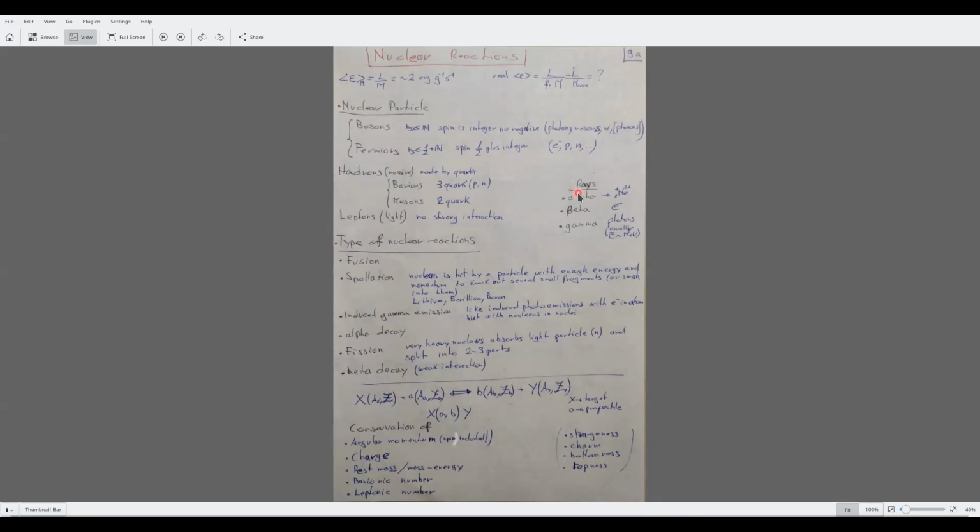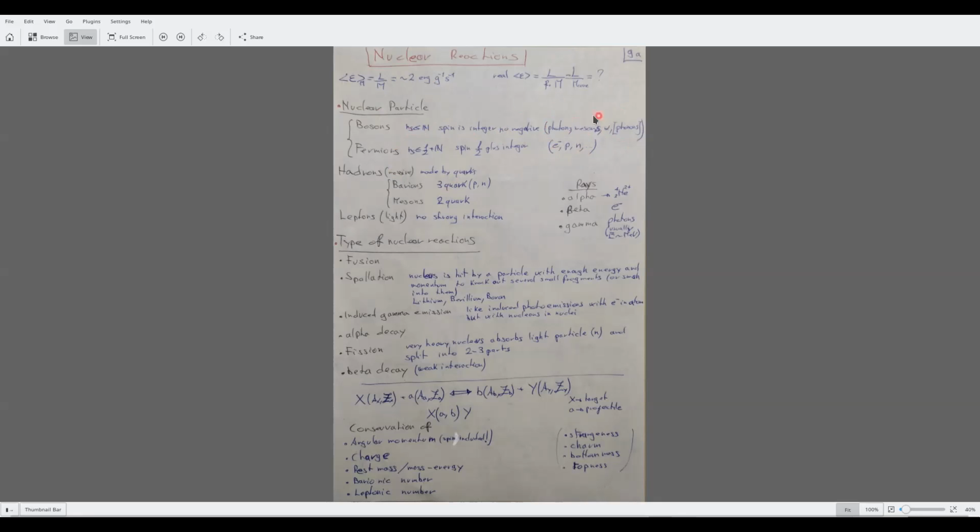A brief recapitulation on what we are talking about. It is useful. Nuclear reaction, we are talking about interaction among nuclear particles. Nuclear particles, we have the bosons and the fermions. Bosons are the ones with a spin number that is an integer, positive, not negative. That means it can be 0 or positive.